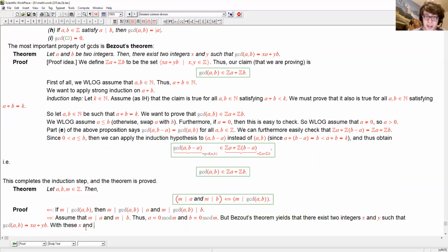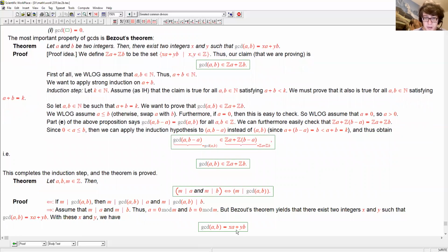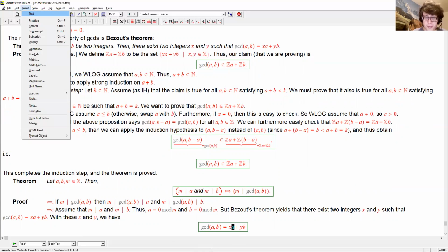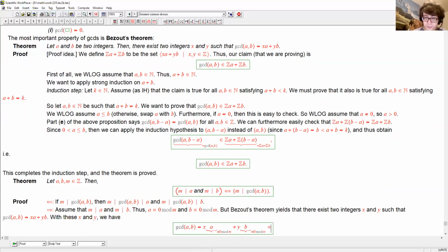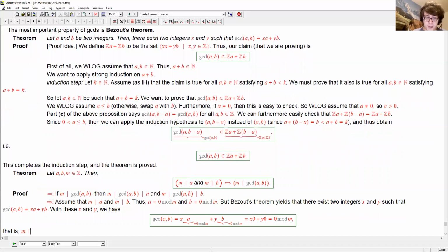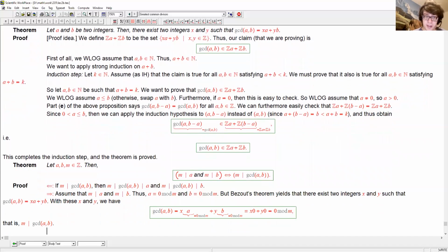With this x and y, we then have, okay, a is congruent to 0 mod m, so is b, and so we get x times 0 plus y times 0, which is 0 mod m. In other words, m divides the GCD, and we're done.